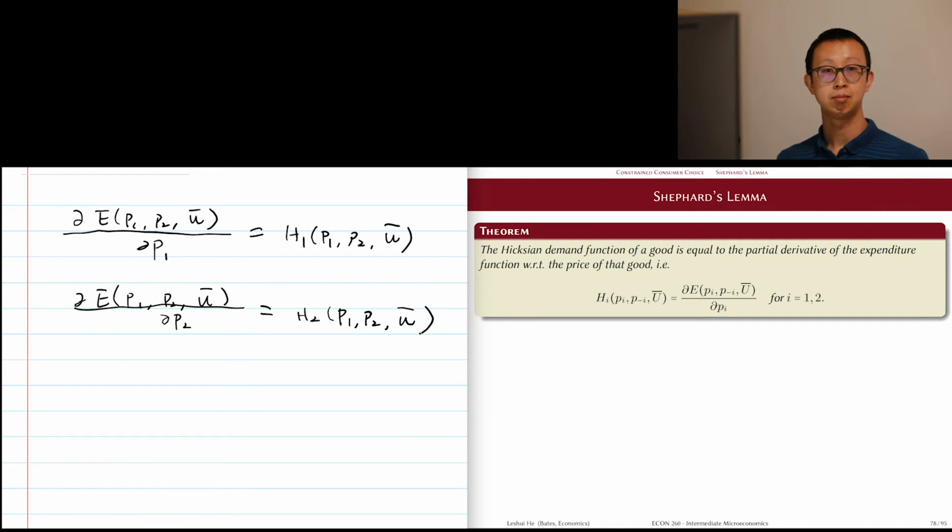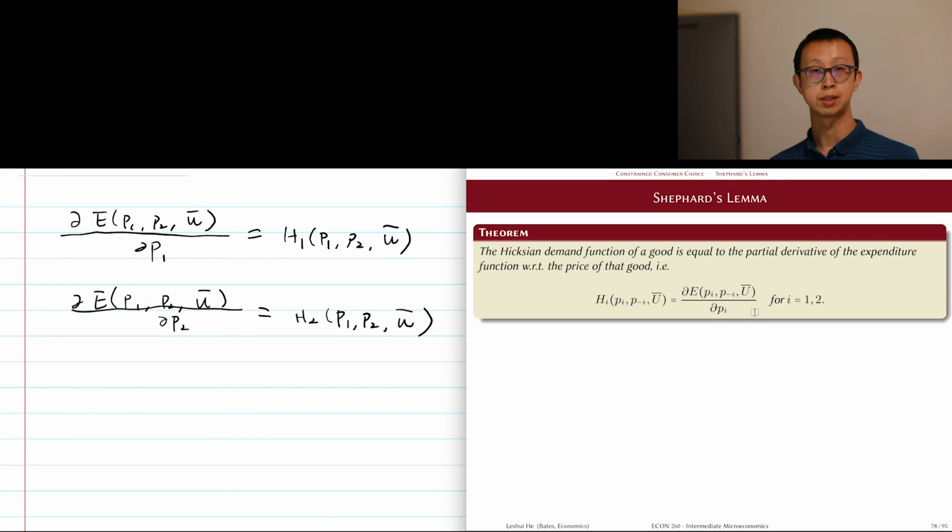And that's it. In other words, if we have a good in mind, good 1 or good 2, then just take a partial derivative of the expenditure function with respect to the price of that good, and you can get the Hicksian demand back. The striking part is really how a simple derivative recovers the demand from the expenditure function.